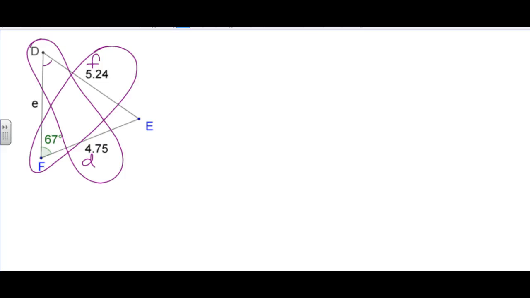Okay, so we have to go through a couple of steps here. We cannot directly solve for what we want to find, so we can solve for angle D. Think of the sine law as the sine of an angle over the length of the side opposite it, equal to the sine of another angle over its opposite side.